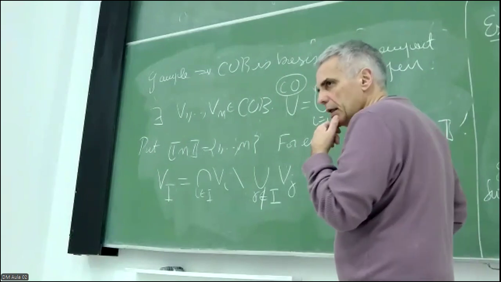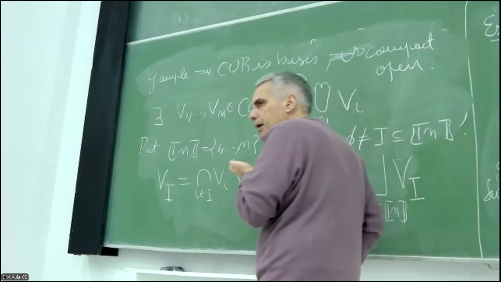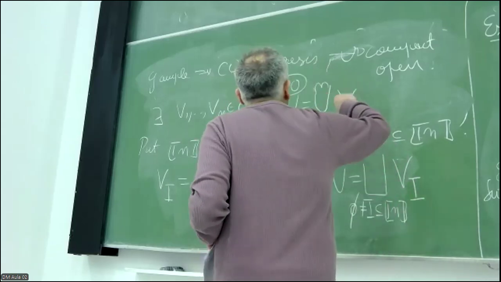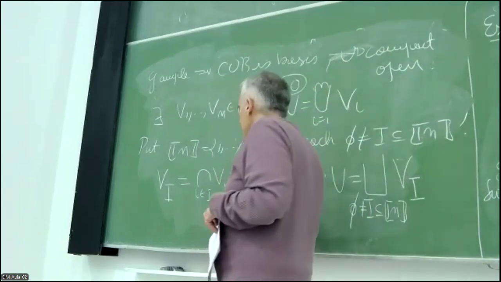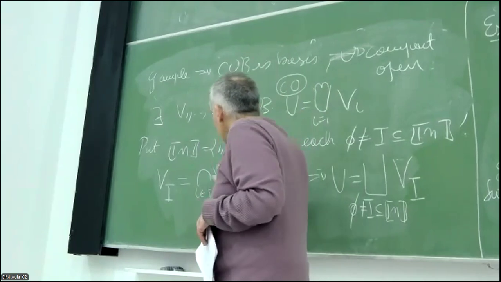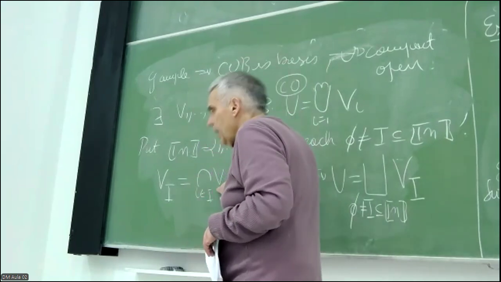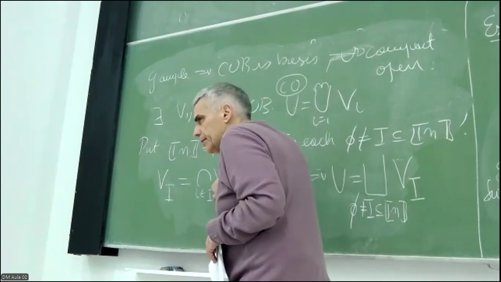Yeah, this is what I said. In our vocabulary, compact implies something. Okay, so the VIs are closed and open inside U. So the intersection of the VIs is closed inside U. And since U is compact, this is compact.